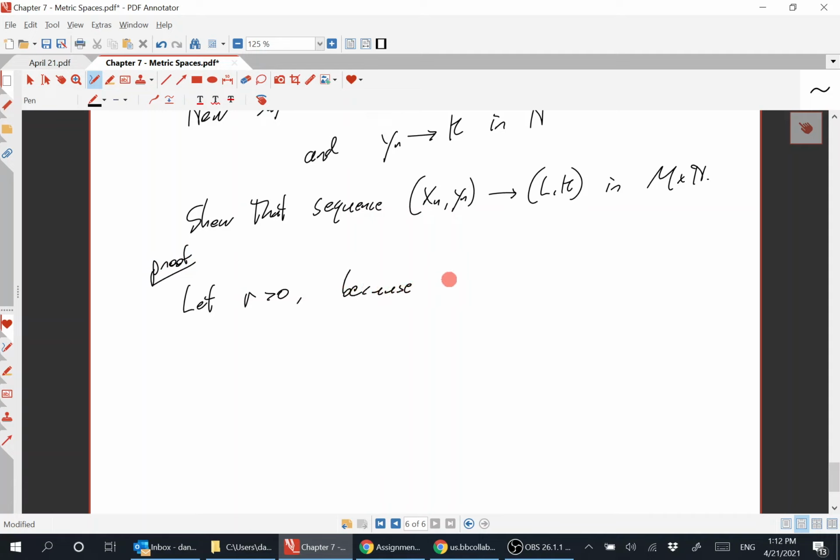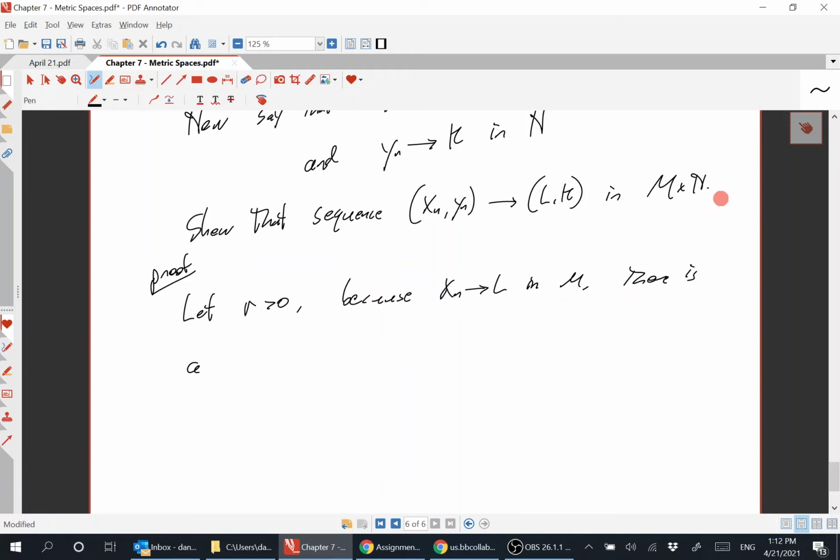Because xn converges to L in M, there is a natural number (I don't want to use capital N), so there's a natural number R1 in the naturals such that for every m bigger than or equal to R1, the distance from xm to L is less than r over 2.